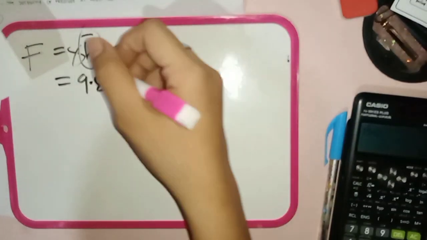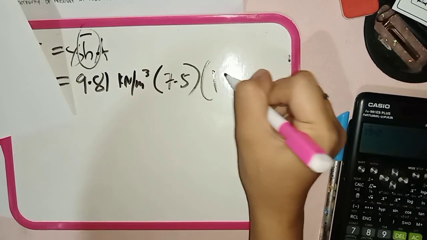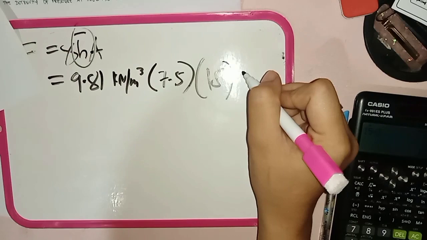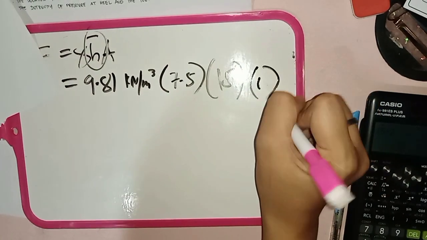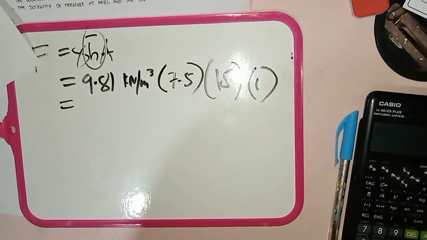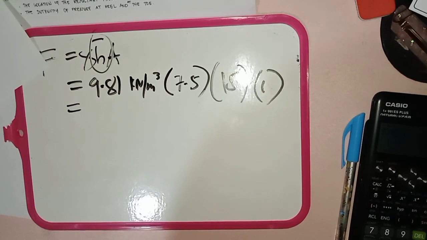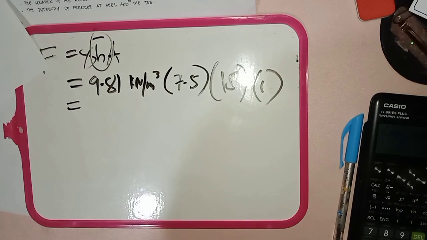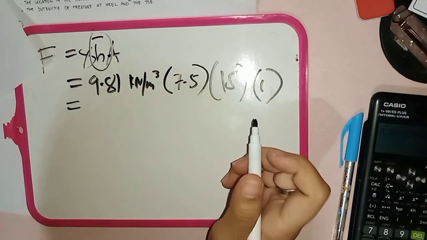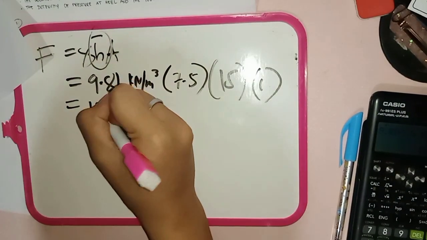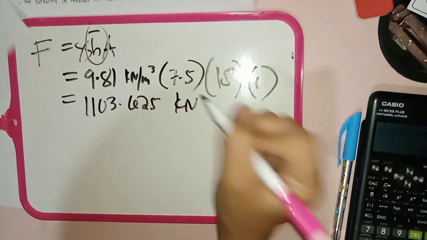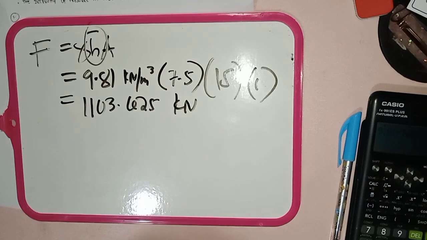Our area will be 15, our height, times the length of dam, which is 1. Multiplying, 9.81 times 7.5 times 15 will be 1,103.625 kN. So we have our horizontal force.